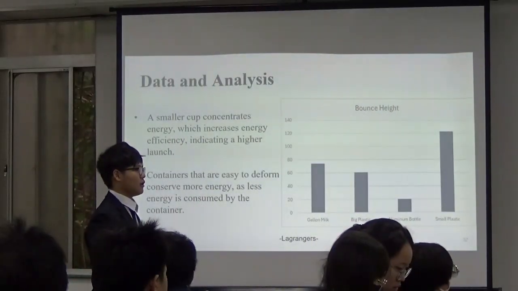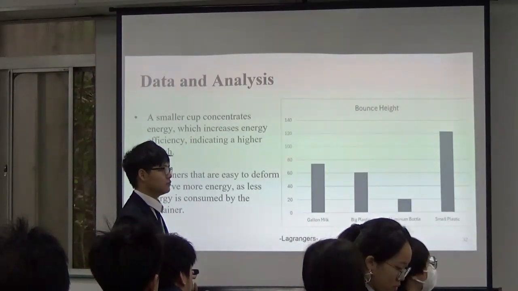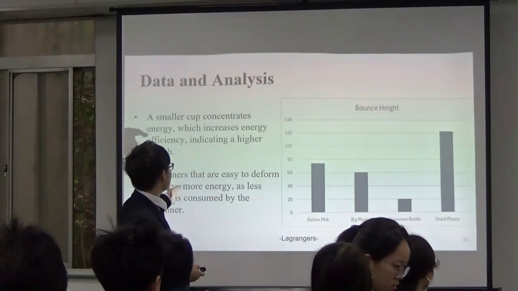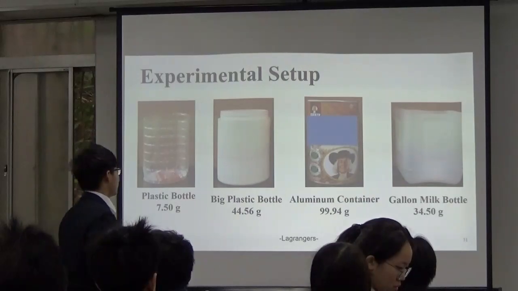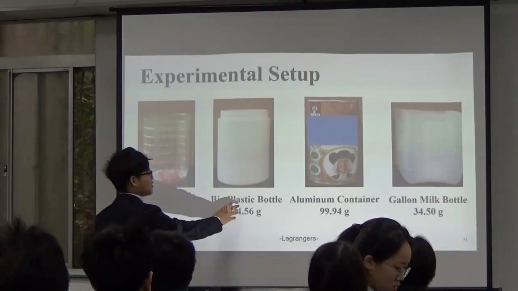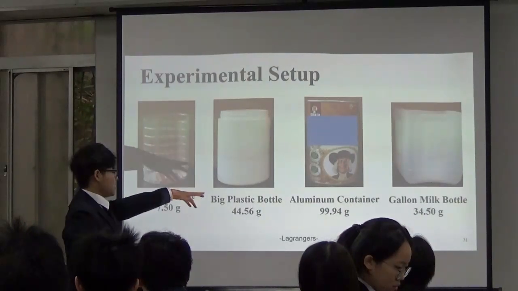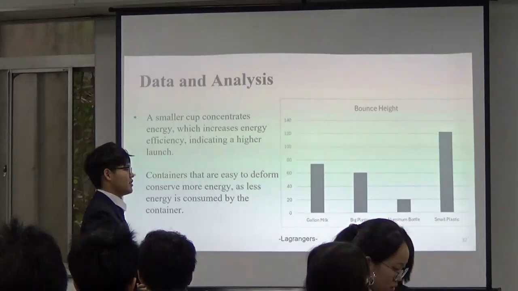I mean, as you mentioned, the smaller cup refers to the smaller mass of the container, or a smaller cross-section area of the container. Like a plastic bottle and a big plastic bottle, they really have a different area underneath. But we didn't calculate the area because we're only doing a qualitative measure.